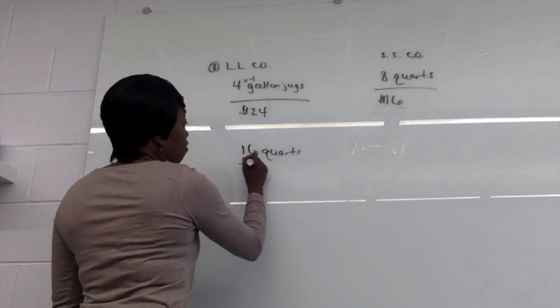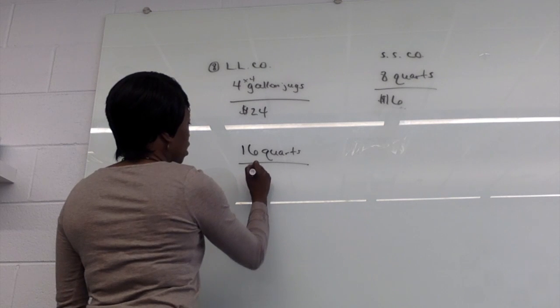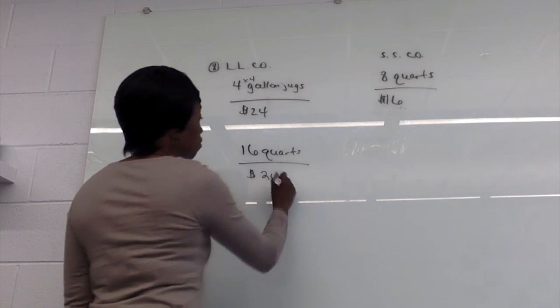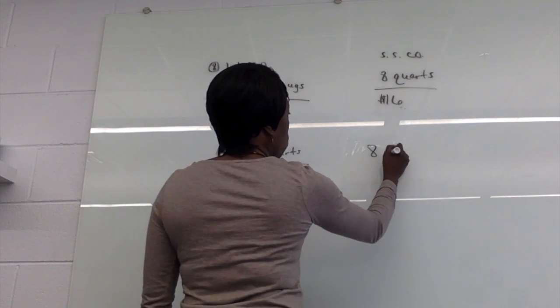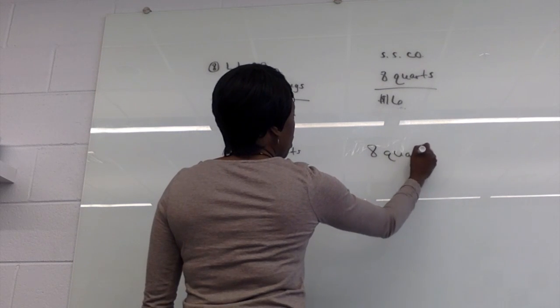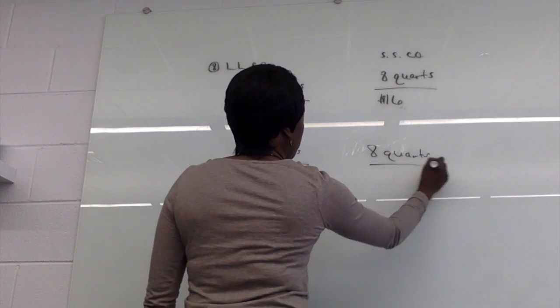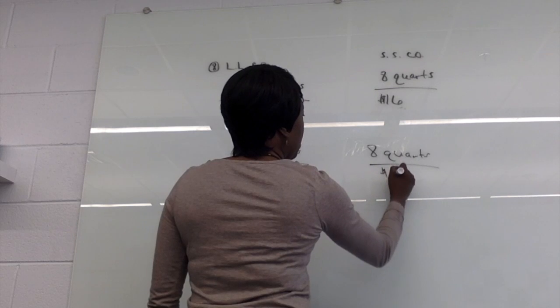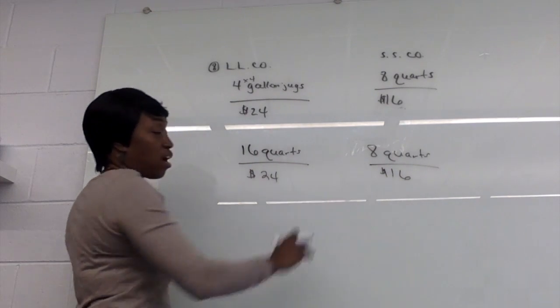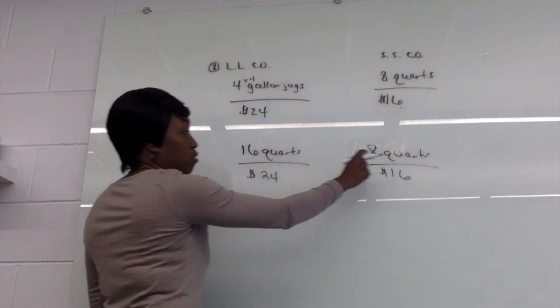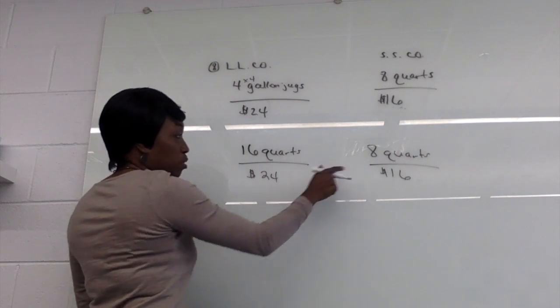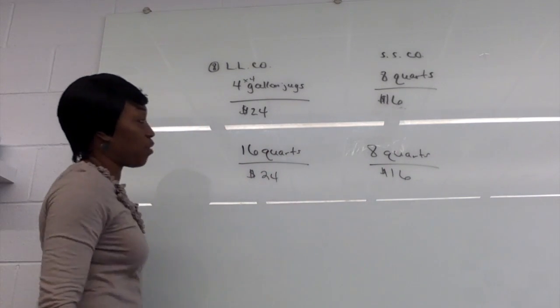So now I have 16 quarts at $24 compared to 8 quarts at $16. And now I can compare these two because they have the same units now. Your units must always be the same in order to compare.